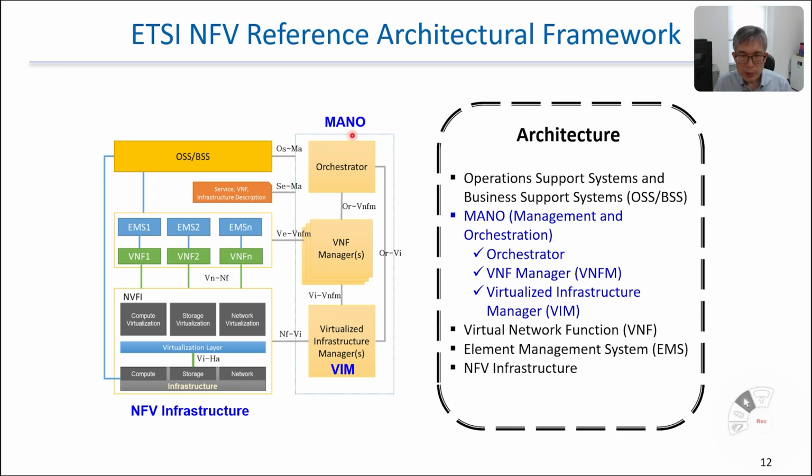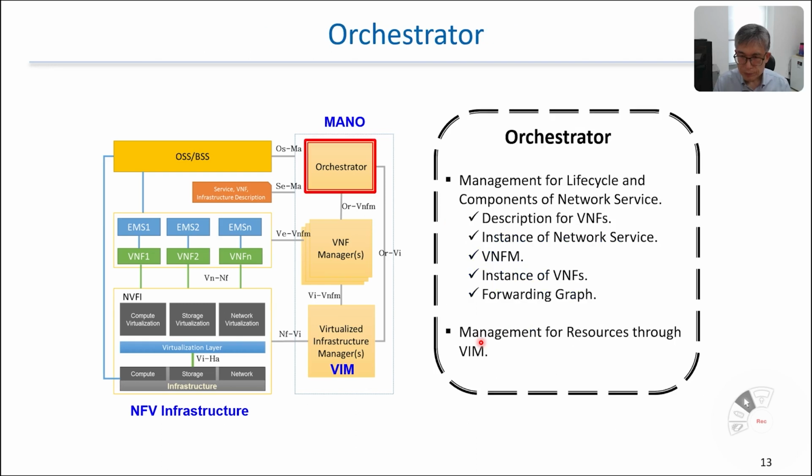And on the right side, MANO is the orchestrator managing network services, the VNF manager manages VNFs, and the VIM manages the NFVI infrastructure. So MANO, management and orchestration, consists of the orchestrator, the VNF manager (VNFM), and the virtualized infrastructure manager (VIM). Let's look at them one by one.